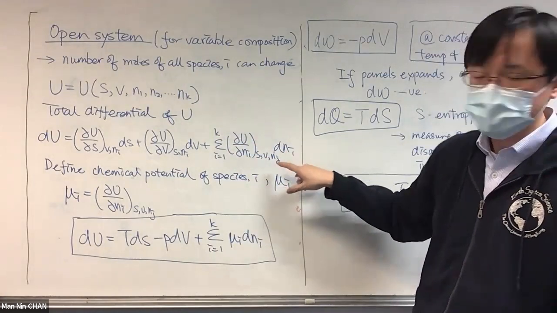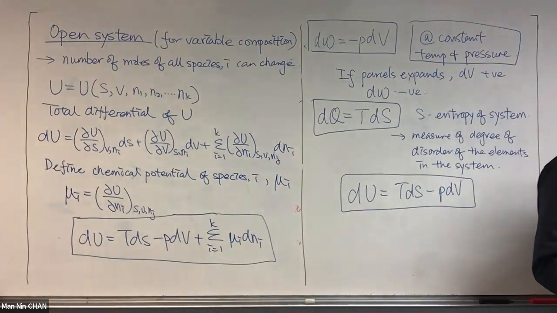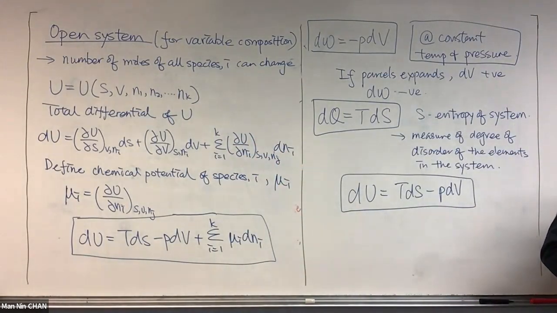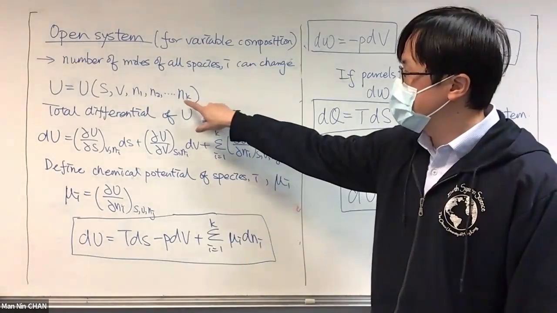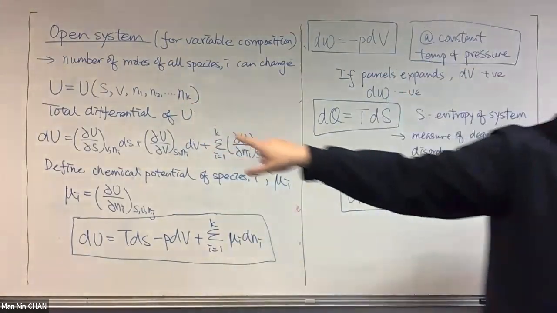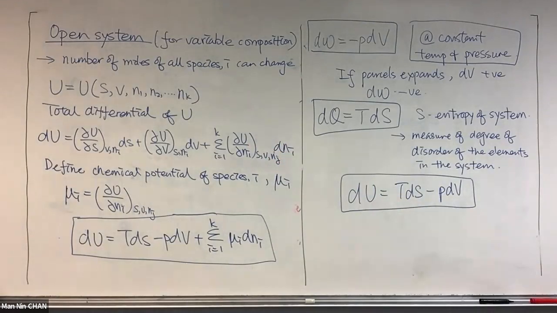Then you hold all other species constant. No, the line on the top. Oh, you mean this one? We assume there are K species. Does it make sense?